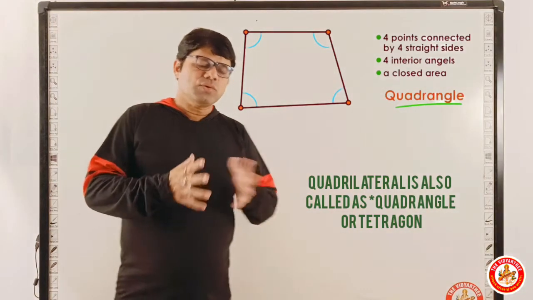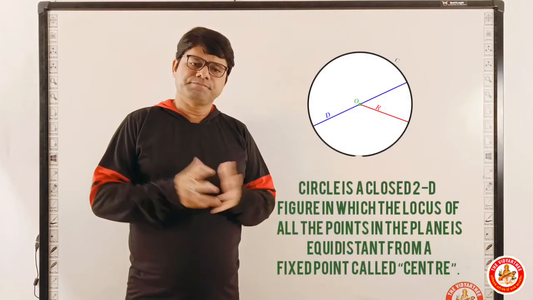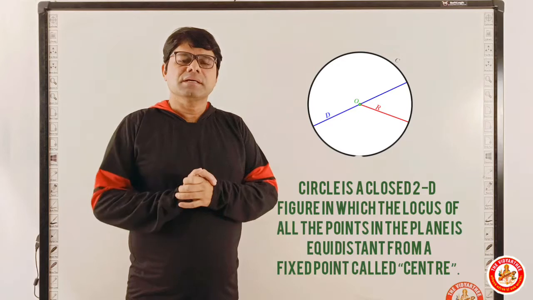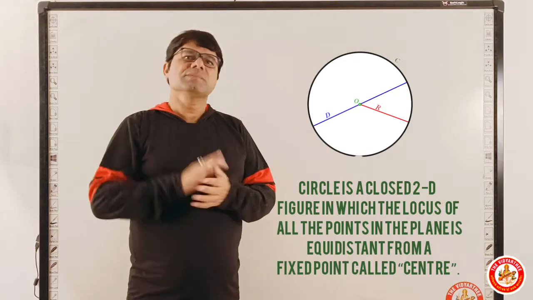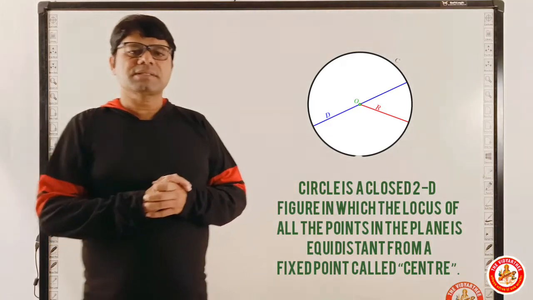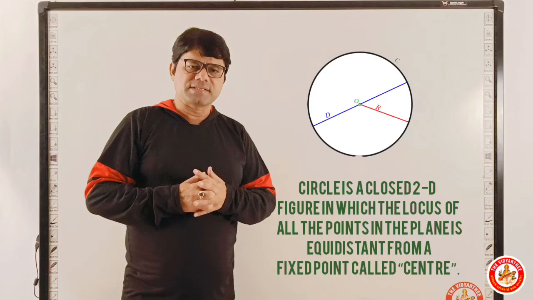Let us come to another plane figure, that is a circle. We have a circle with two dimensions. One is its circumference, which is actually calculated with the help of the only dimension, that is the radius of the circle.